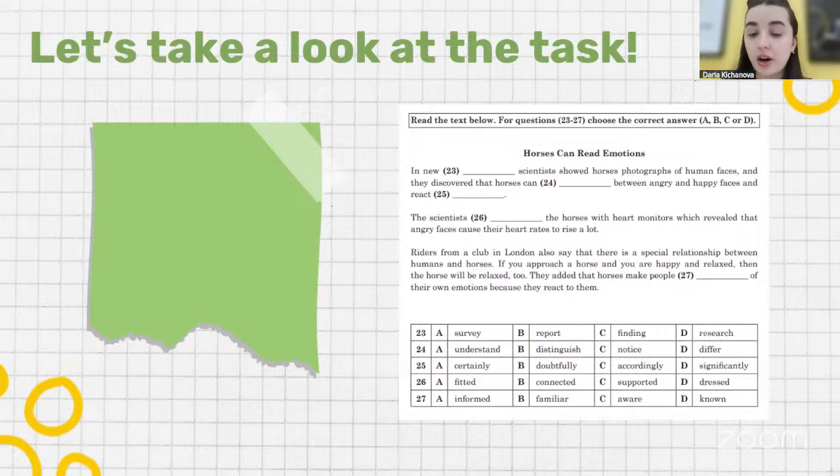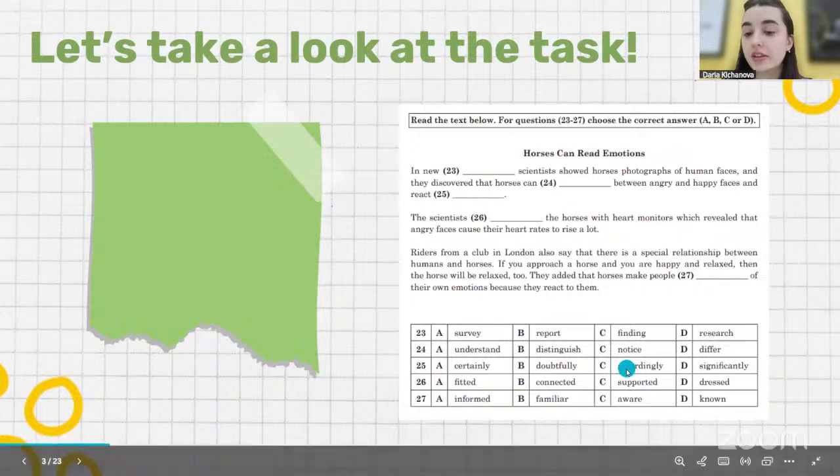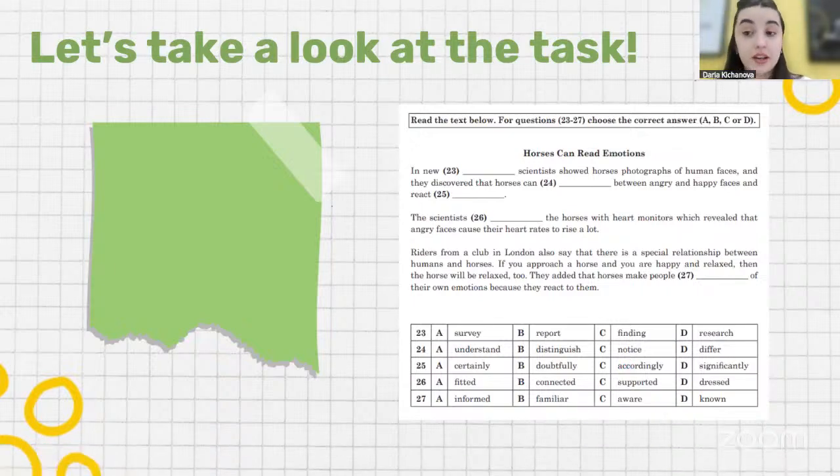But now I want you to take a look at this task from the point of view of vocabulary. So what vocabulary is covered in this task? Maybe collocations, or maybe we have phrasal verbs here. Let's think what we can have here.